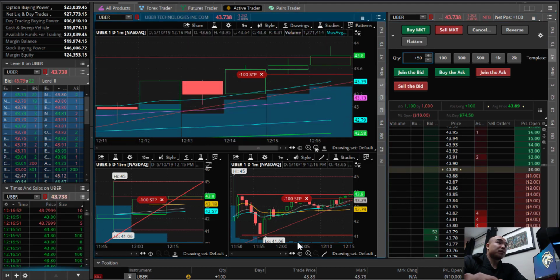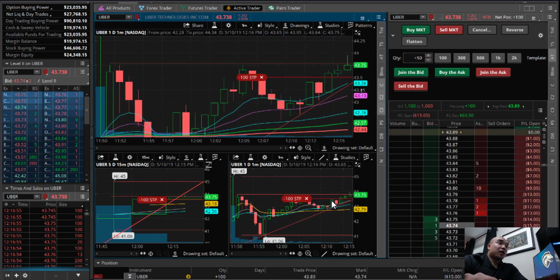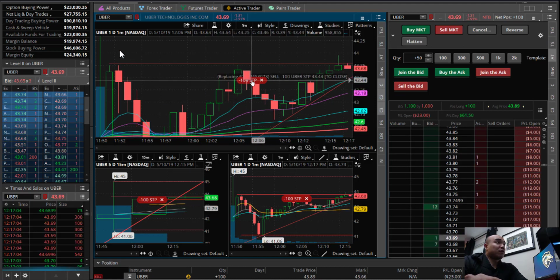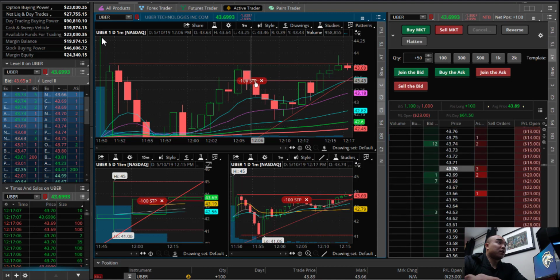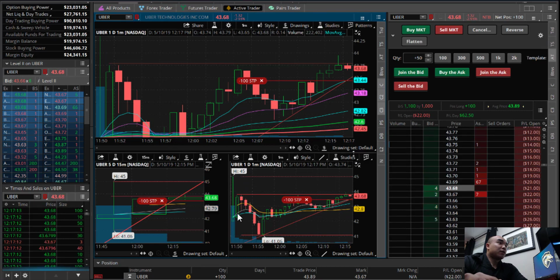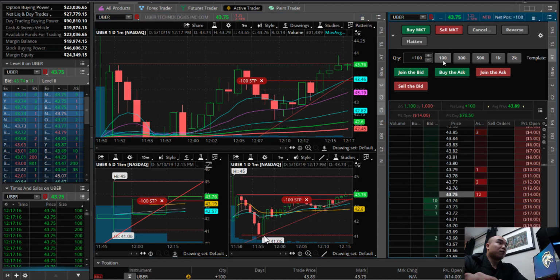If we look at this 1 minute chart, we can start seeing that there's some resistance at 45. If you know how to read candlesticks, great; if not, you should check out my other video that talks about how to read candlesticks. You can see that there's some selling going on from the $45 mark up here back down. Here's a retest back up to the 45, and it gets rejected at 43, back down to 41.